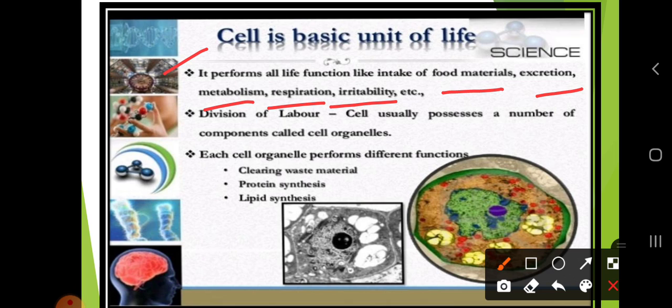As for division of labor, the cell possesses a number of components called cell organelles, and each organelle performs a different function, like clearing waste material in our body, protein synthesis, or lipid synthesis. How is it possible? It is possible by the cell itself.